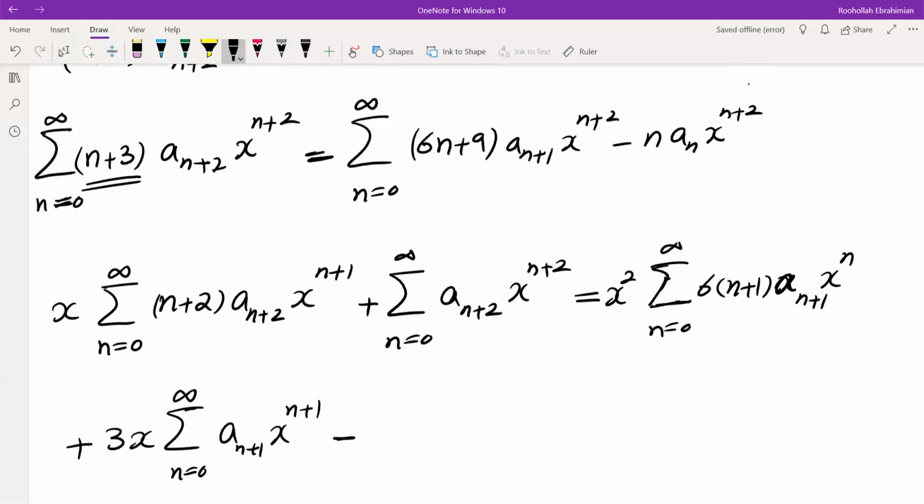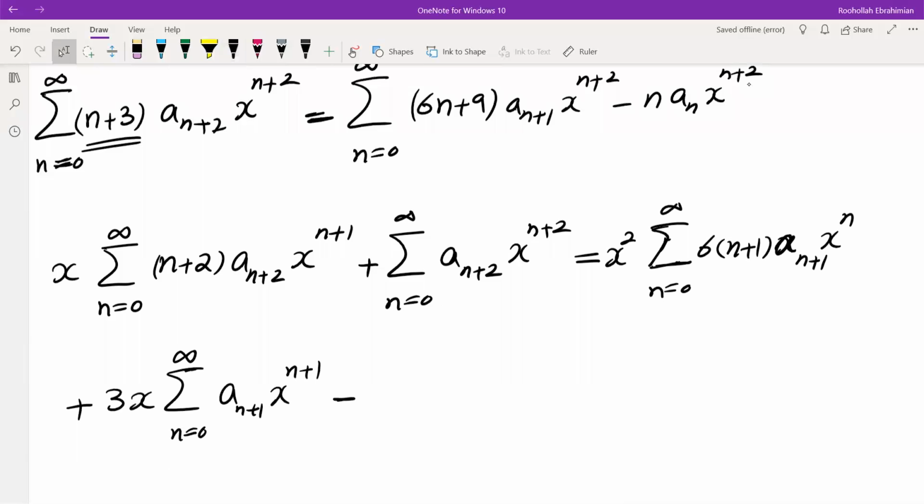Okay, so I can do the same thing for the last one, except I already have the n, which is good. So I'm going to factor x cubed. The sum n equals 0 to infinity. In fact, you could just start from 1 to infinity because the zeroth term is just 0. a n x to the power of n minus 1.